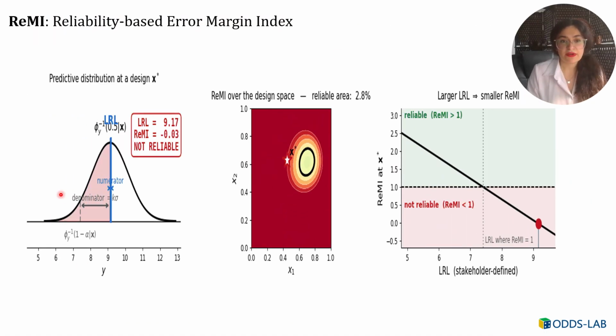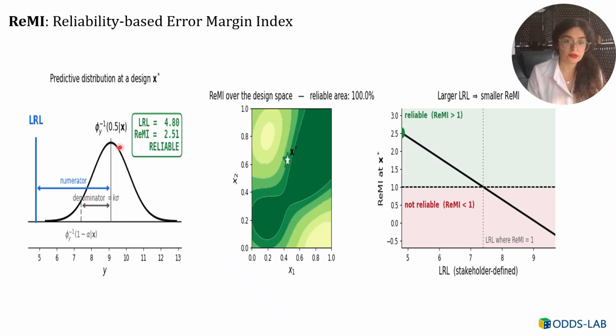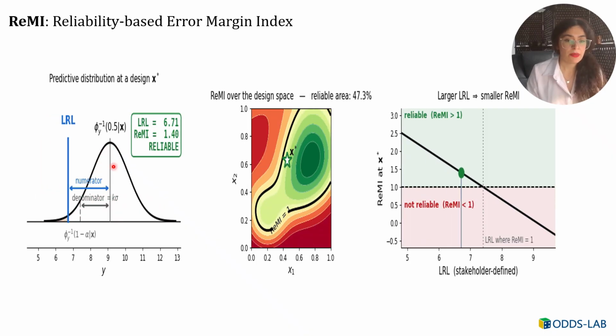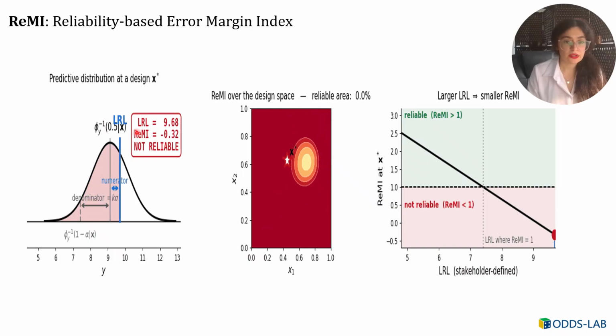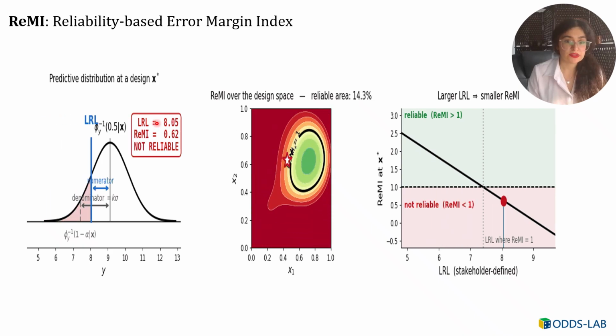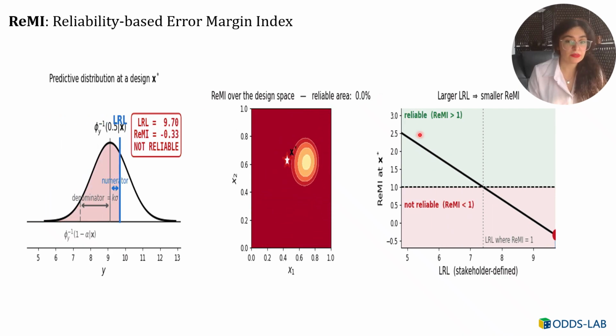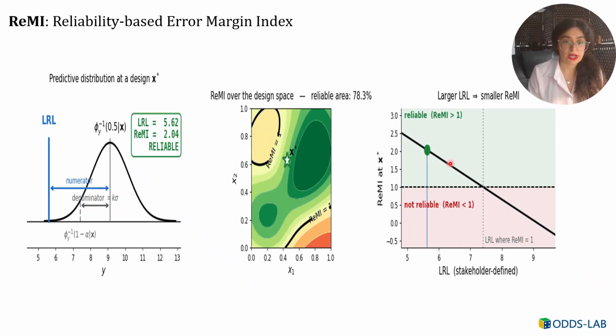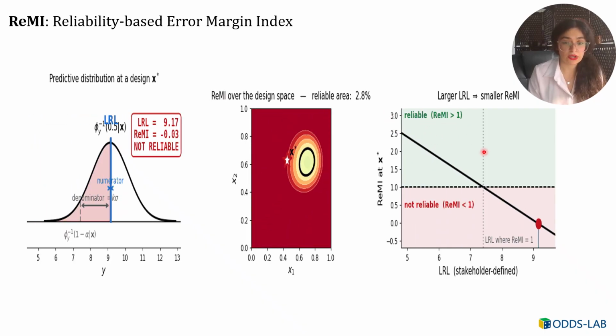Here you can see the variation of the target, which is the lower required limit in our definition for ReMI. By increasing the lower required limit, LRL, according to the definition of ReMI, the denominator becomes smaller. By decreasing the denominator, ReMI gets smaller and smaller, going from ReMI bigger than 1 to ReMI smaller than 1.